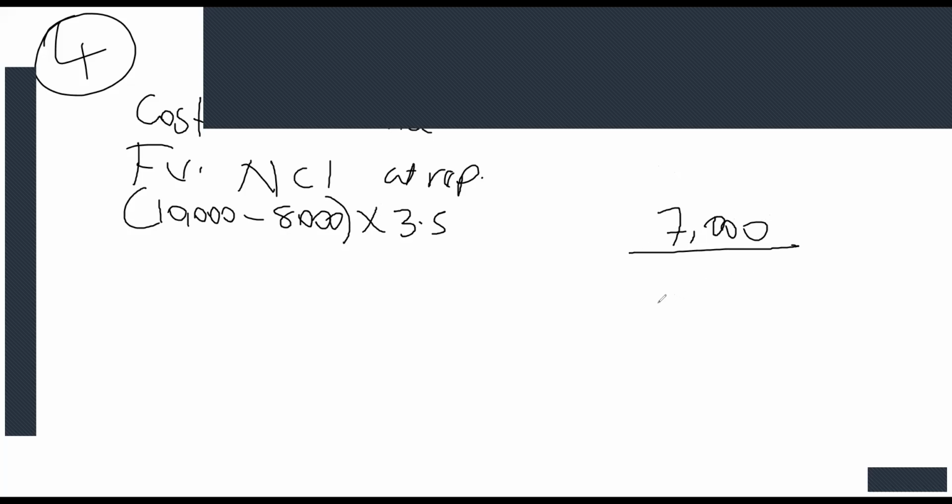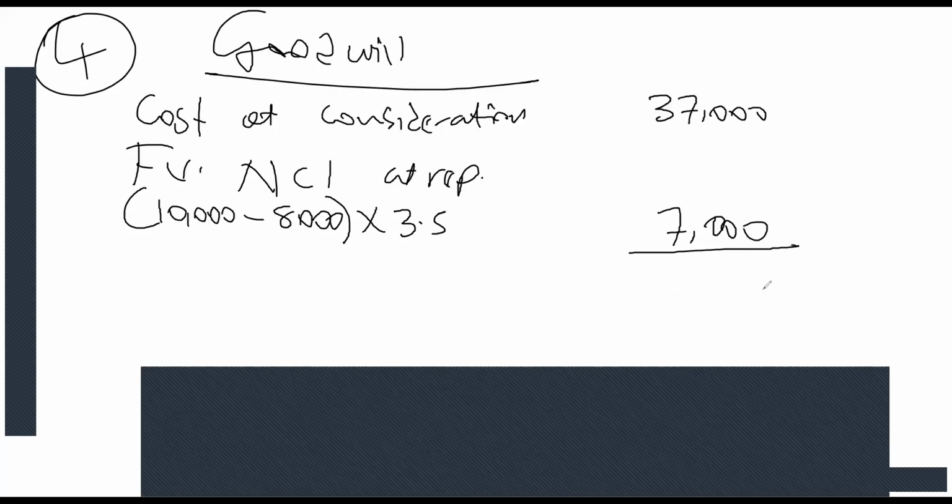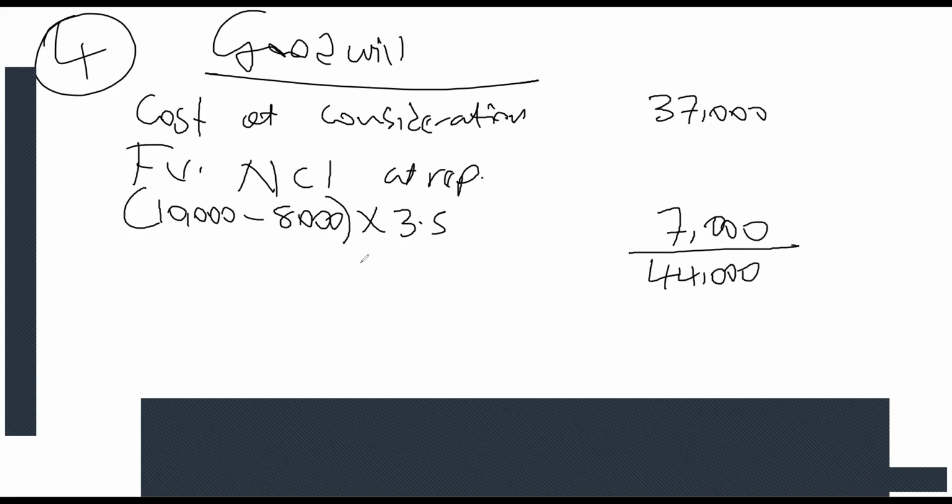Add everything together. What do you get? 44,000. It has a name, though it is not compulsory for you to write it. We call it total consideration.